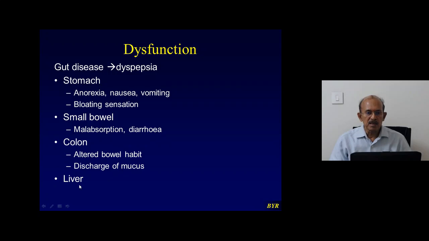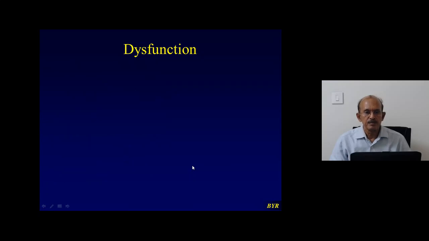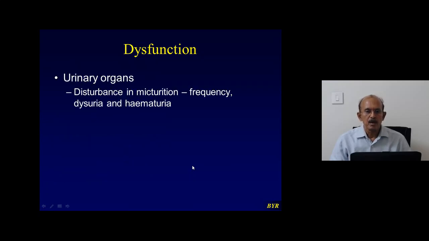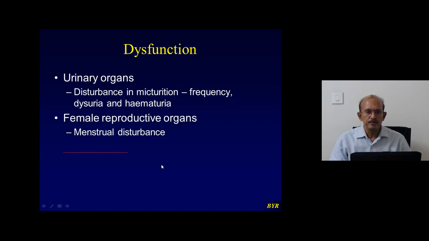The dysfunction of the liver clinically manifests to the patient as the symptom of jaundice. Urinary organs: the dysfunction manifests as disturbance in micturition in the form of frequency, dysuria, and hematuria. Female reproductive organs manifest with the feature of menstrual disturbance.